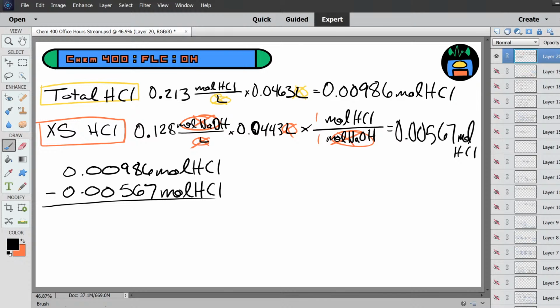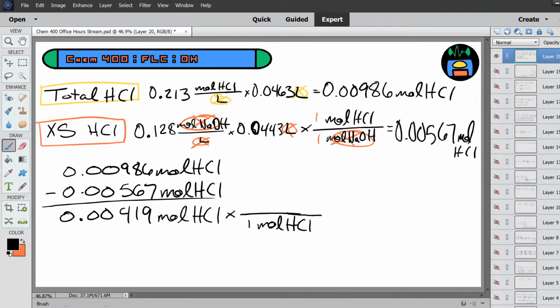So 0.00986 minus 0.00567, and this is 0.00419 moles of HCl. And these are the moles of HCl that reacted with ammonia. So we can convert these to find out how many moles of ammonia were produced.